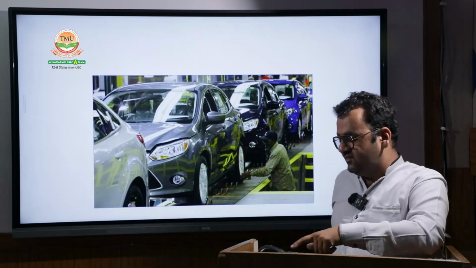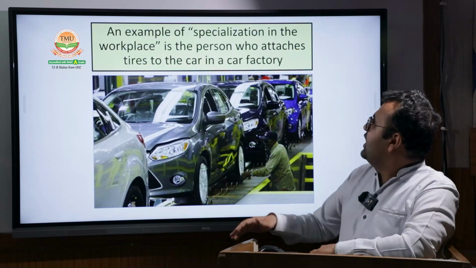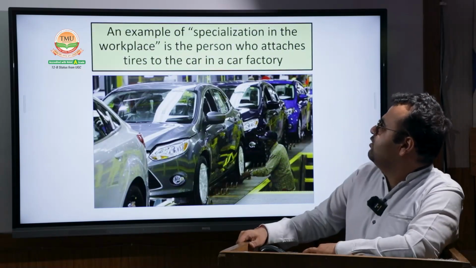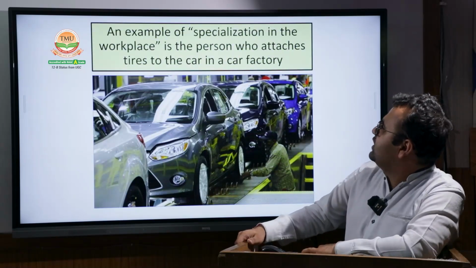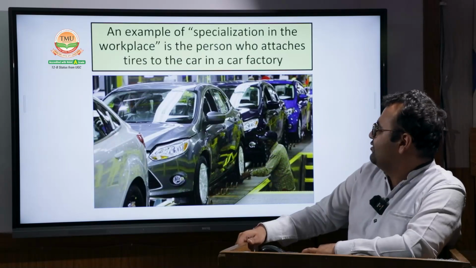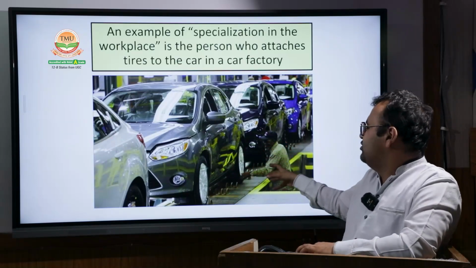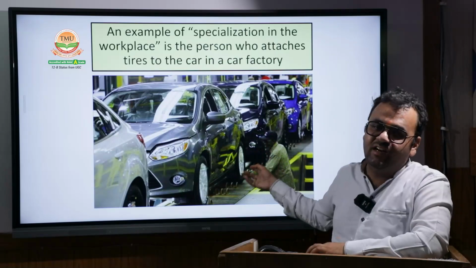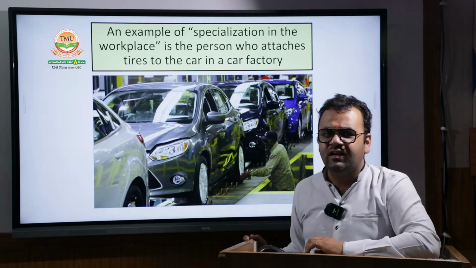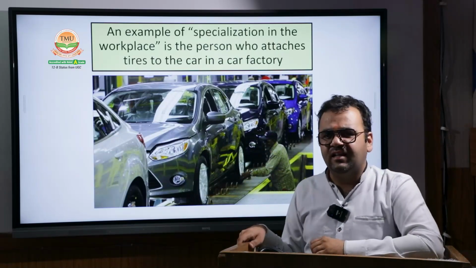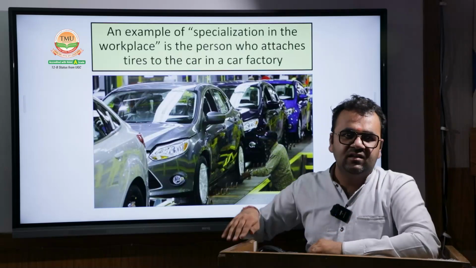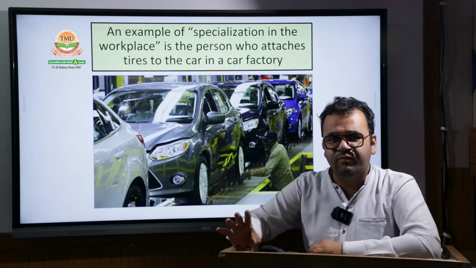These are the cars. An example of specialization in the workplace is the person attaching the tires in the car factory. He is the worker. He is attaching the tires in the car. You see that they are installing the tires in the car. His boss has given him the target that per day you have to attach tires on 15 cars.